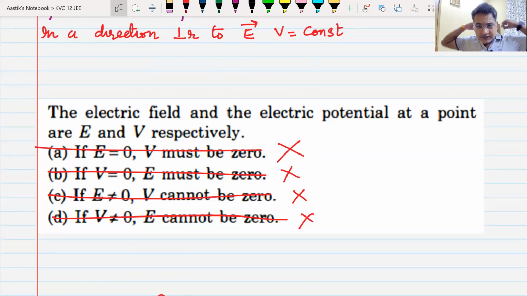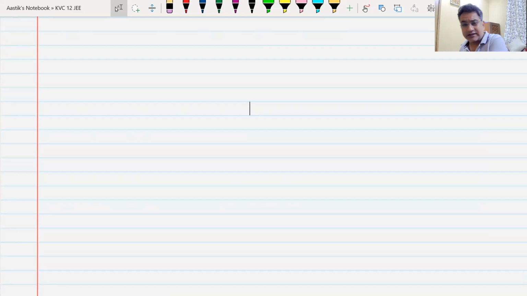Now, since we have seen the potential due to a single point charge, it is now time for us to understand the potential energy of 2-point charges. Remember, a single point charge in the universe cannot have potential energy. To have potential energy, we must have electric field, and this electric field has to be created by someone else.